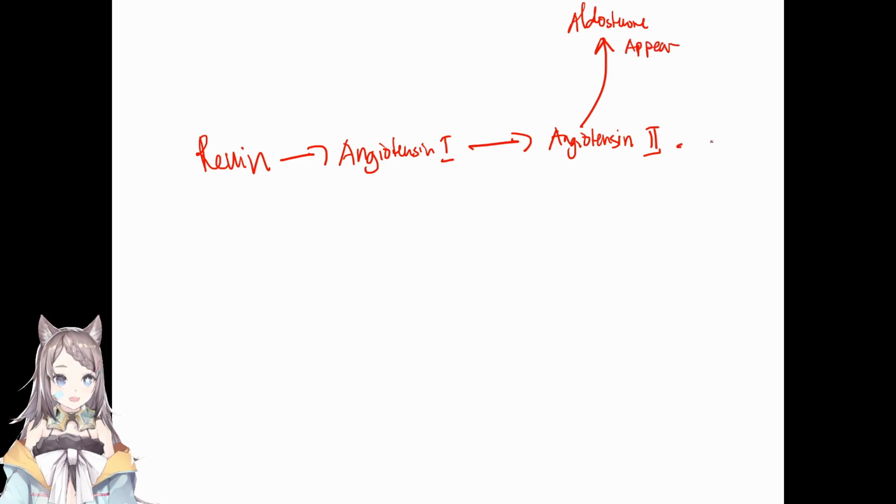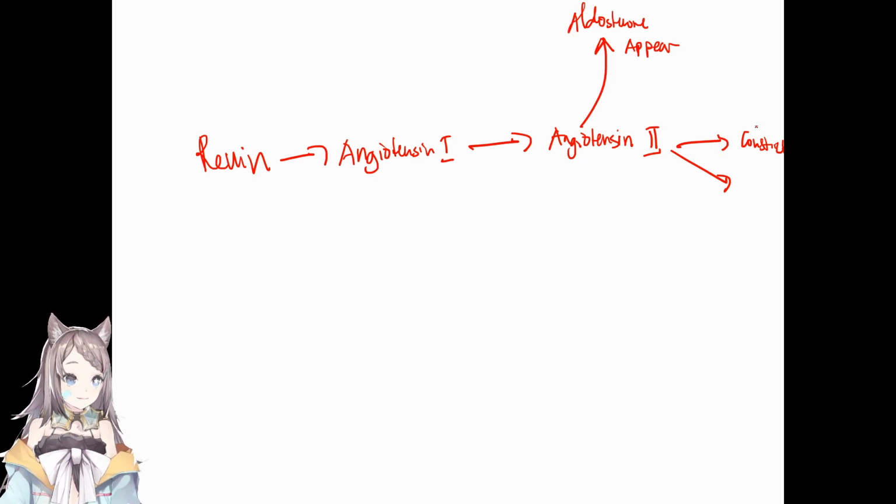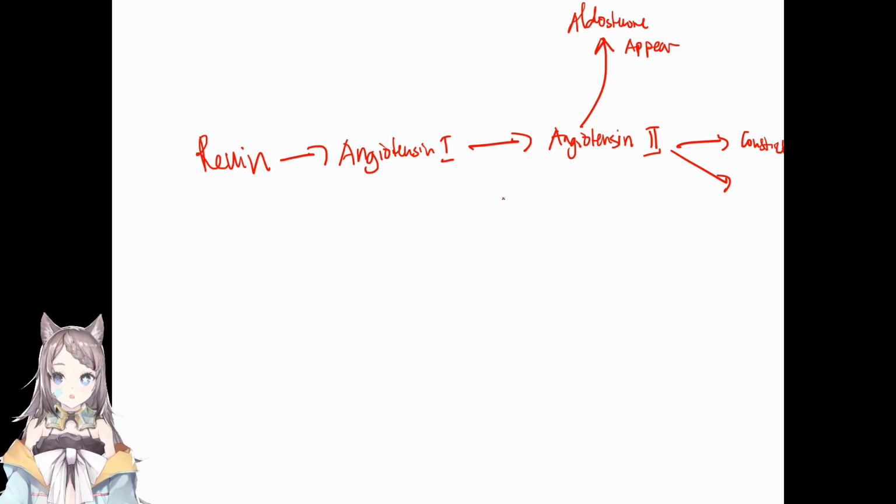Angiotensin 2 has actually constrictive abilities. It causes constriction in other parts of the body. So an interesting one is angiotensin 1 is converted to angiotensin 2 by your angiotensin converting enzyme or your ACE.